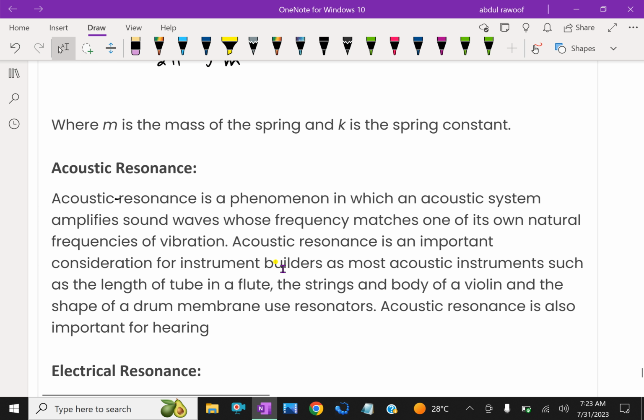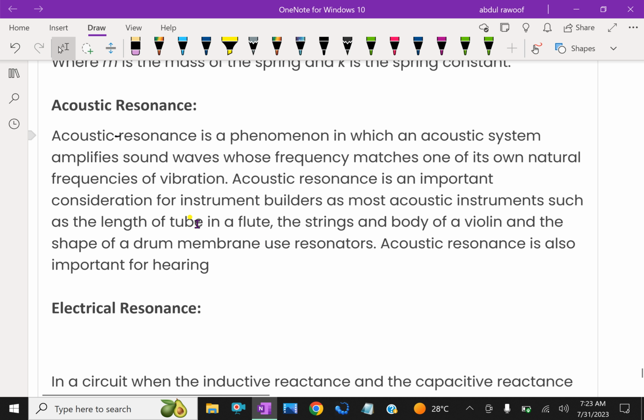Acoustic resonance. Acoustic resonance is a phenomenon in which an acoustic system amplifies sound waves whose frequency matches one of its own natural frequencies of vibration.